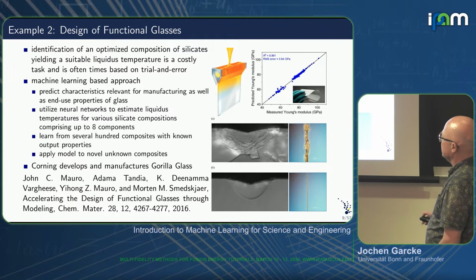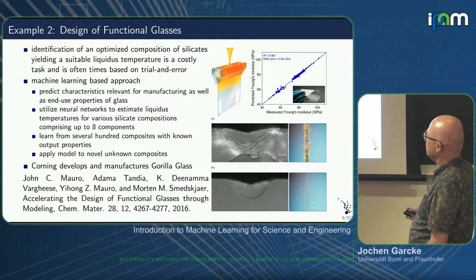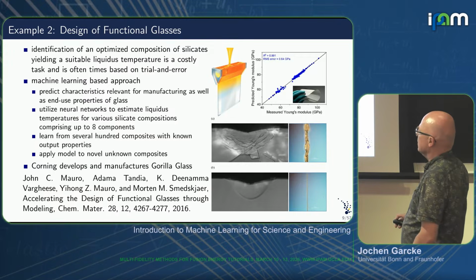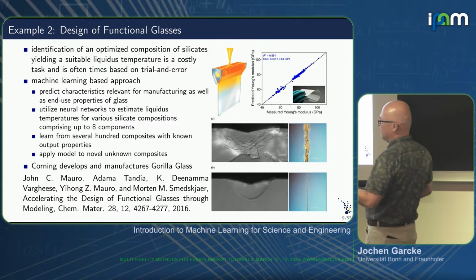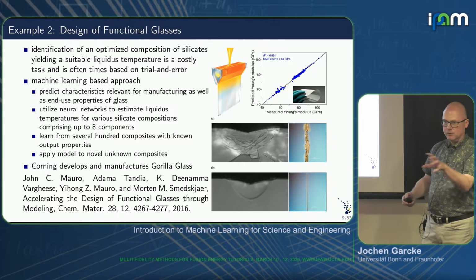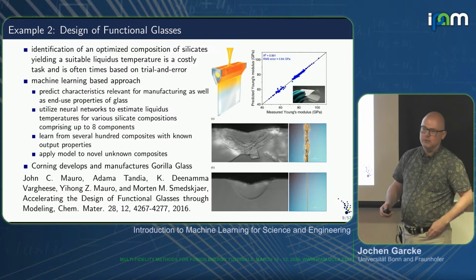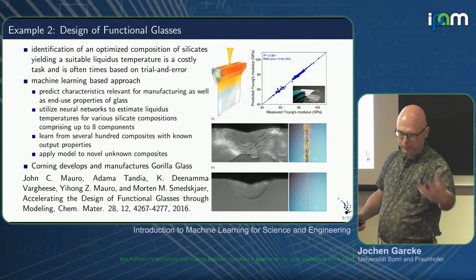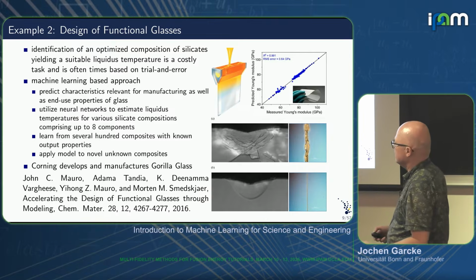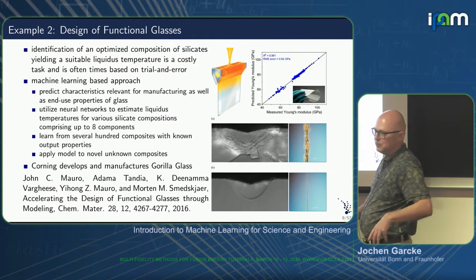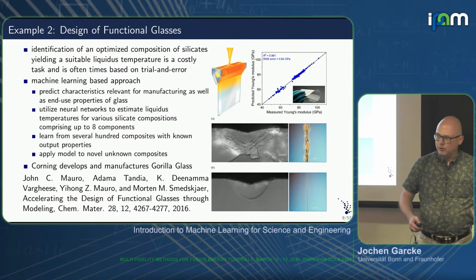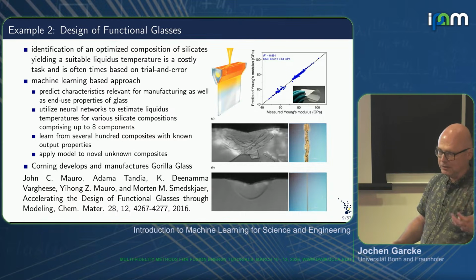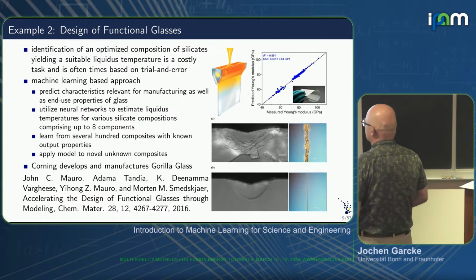So their key data was data they had from experiments, and they could then apply this model to unknown composites and look for new targets for glass. And then, of course, they need to first evaluate that and actually produce this glass. And the glass we have now on our cell phones, the so-called Gorilla Glass, was developed by the Corning company based on these ideas.